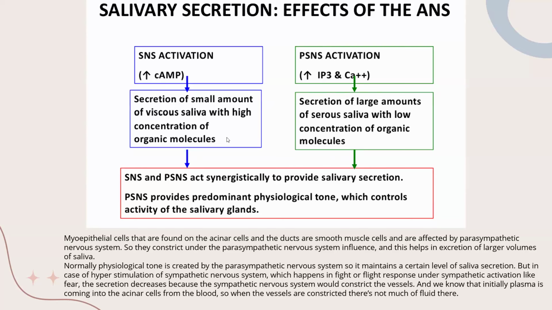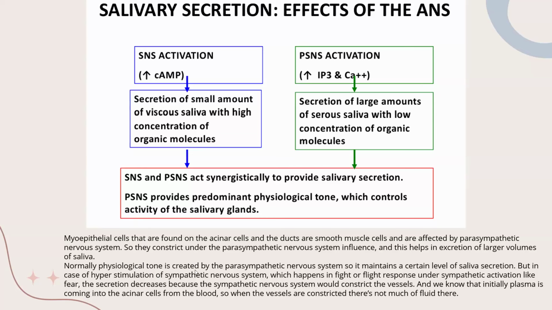What you need to know is that the sympathetic and parasympathetic nervous system, they don't have opposite effects on salivary secretion. On the contrary, they're actually helping each other and they act together to secrete saliva. But the parasympathetic nervous system is predominant.